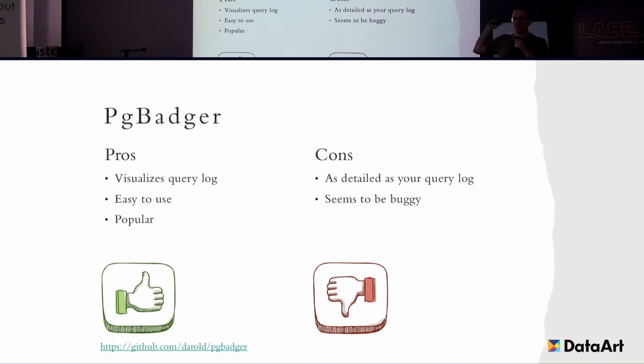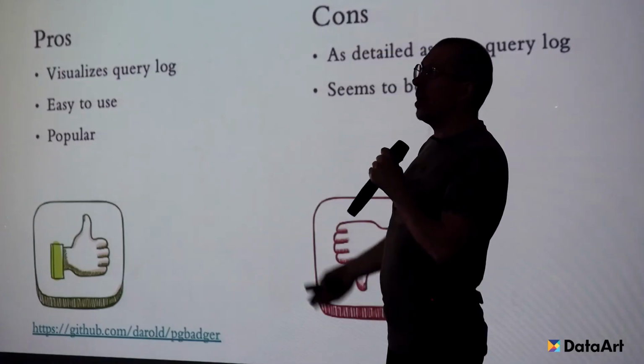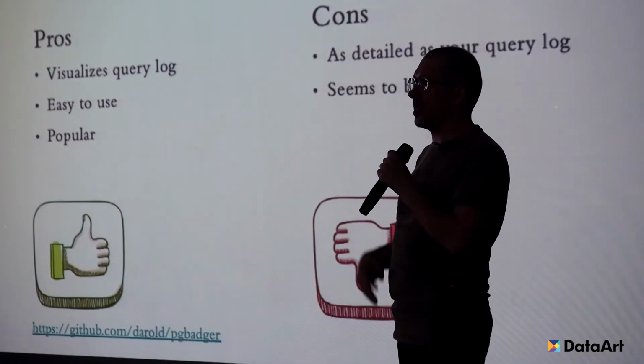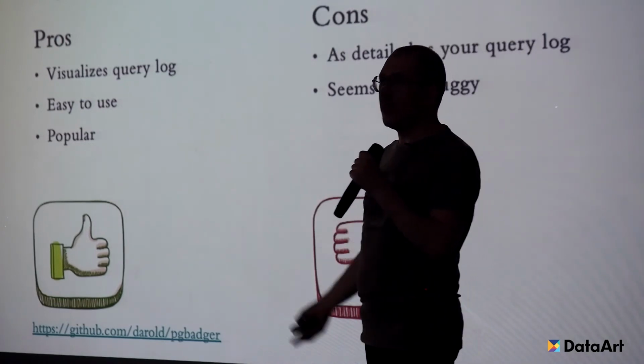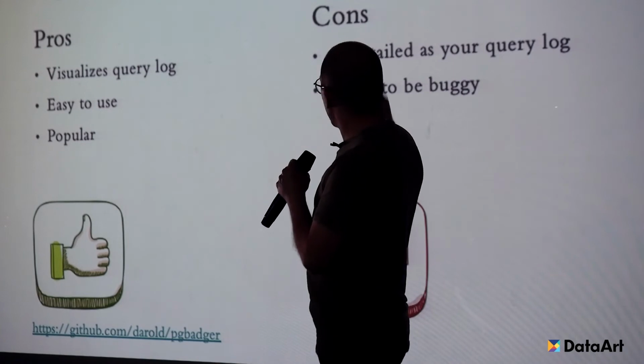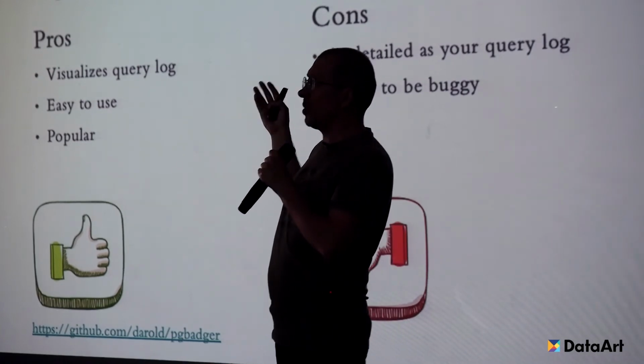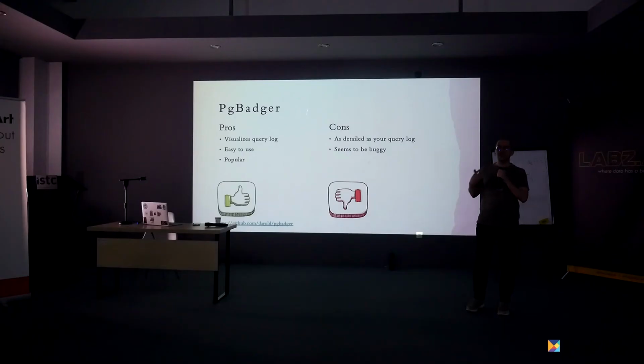So you can use some external tools like PGBadger. It's a graphic interface which can take this slow log as an input and create a fancy HTML file with graphs and all this stuff. But the problem is that PGBadger will only visualize your existing log.